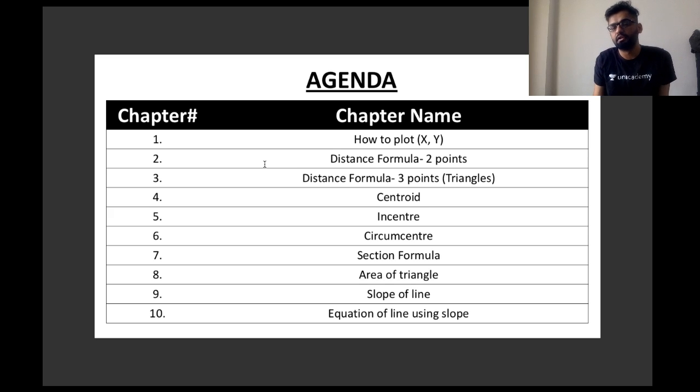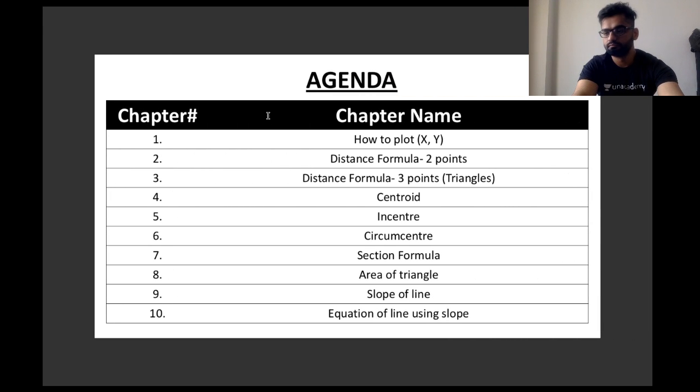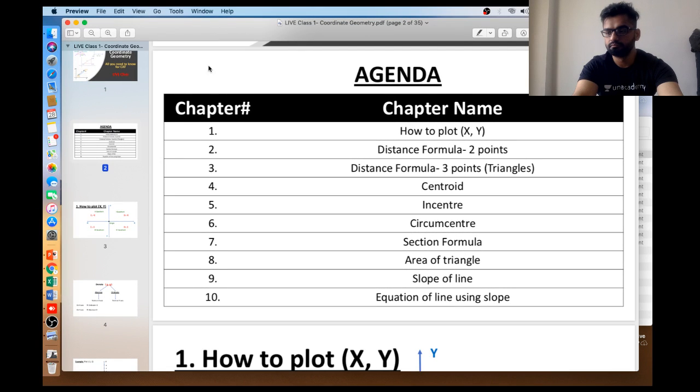CAT 2019 भी लिया है और अपना CAT था CAT 2015 में, when I was preparing for my own entrance exam, CAT exam, and I got into MDI Gurgaon in 2016 और मैं graduate हुआ MDI से 2018 में. Anything else you want to check with me, Vinay? Yes, 2019. I took 2019.